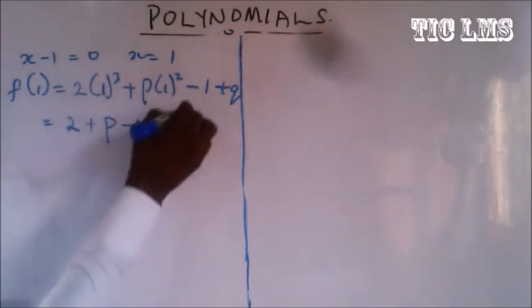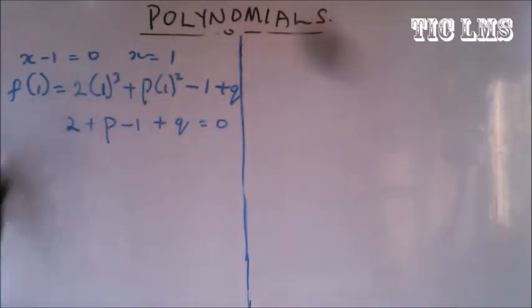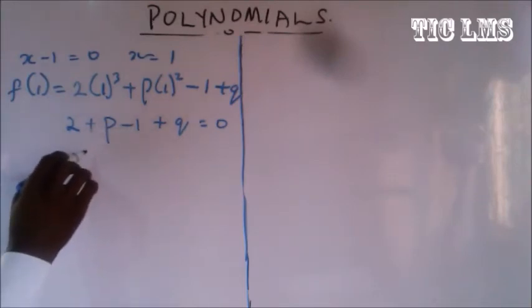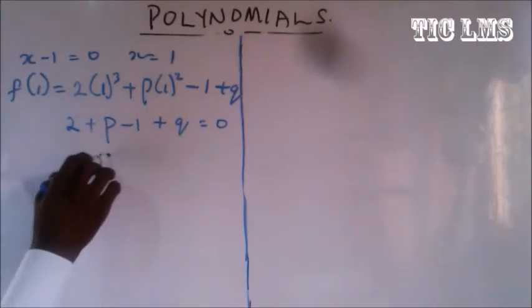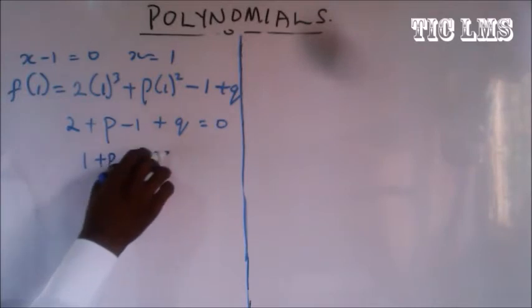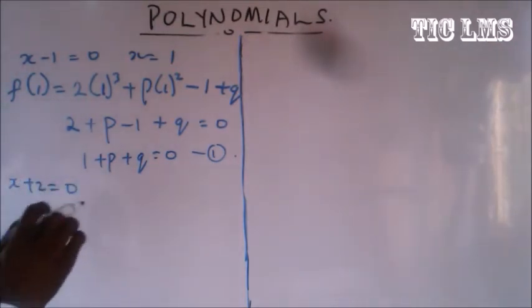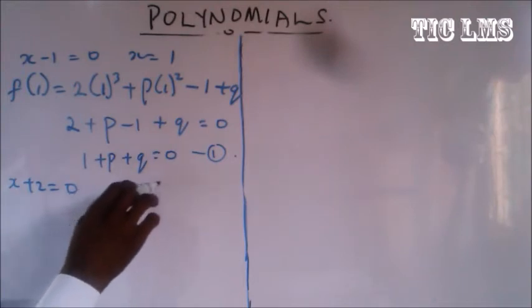Now we'll also equate this to 0. So when we equate to 0, we have it that 2 minus 1, that's 1 plus p plus q equal to 0. So this is our first equation. Next, if we have the other factor to be x plus 2 equals 0, we have that x equal to minus 2.